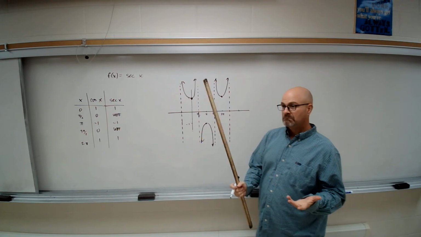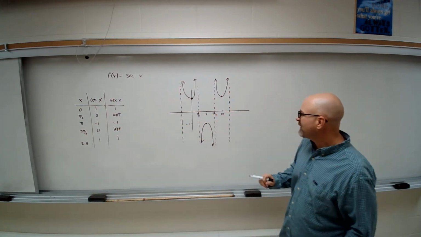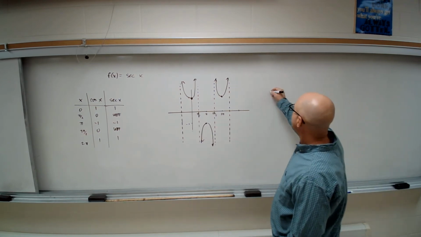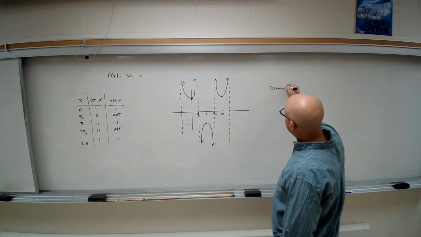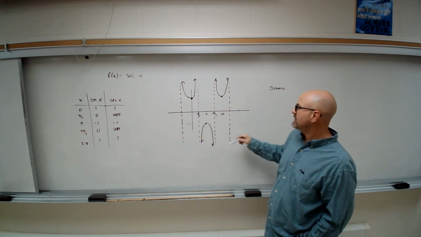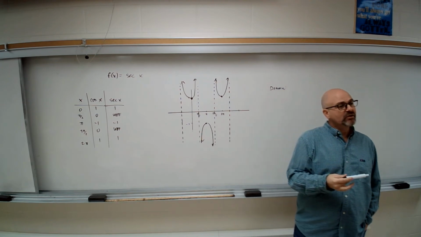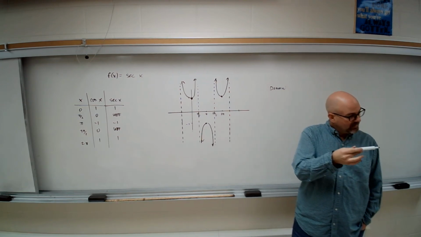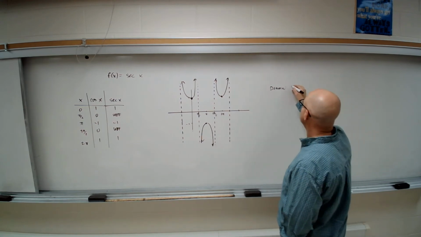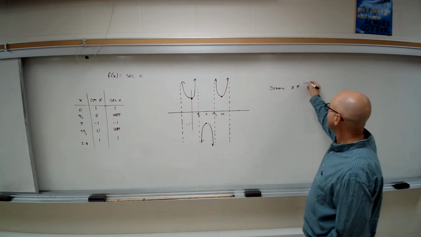Okay. We good? Yep. Okay, so let's talk about the domain and range of this function, just to make sure we can write that out. So for the domain, what you'll see here is that we're undefined at pi over 2 and 3 pi over 2, and that would be 5 pi over 2, and that would be negative pi over 2. So what you can do when you have these repeated discontinuities, right, vertical asymptotes, we're still going to say x is not equal to, just pick one to start at.